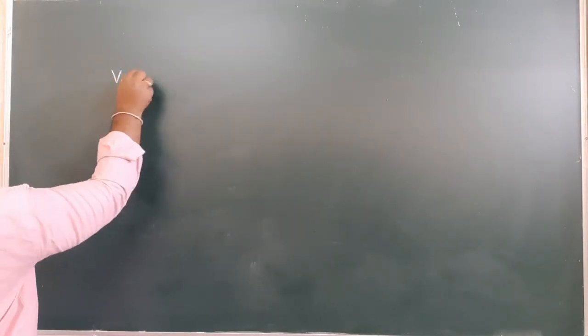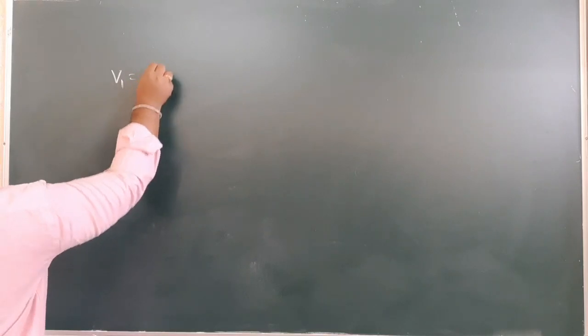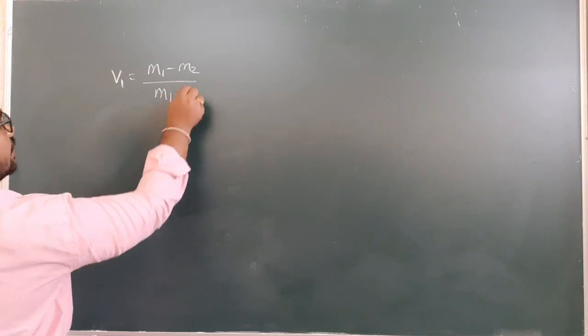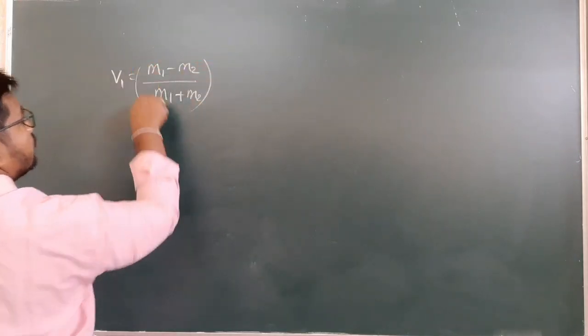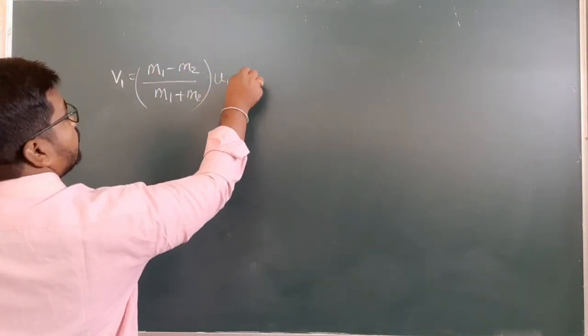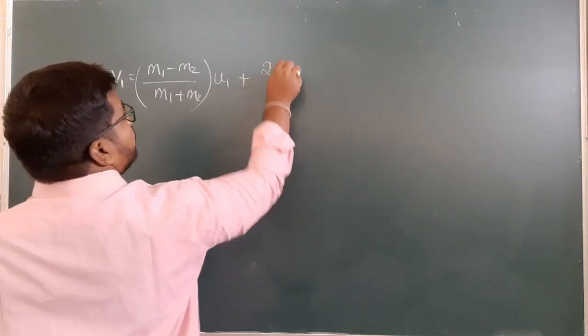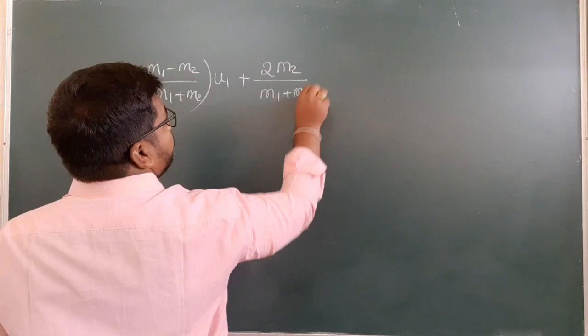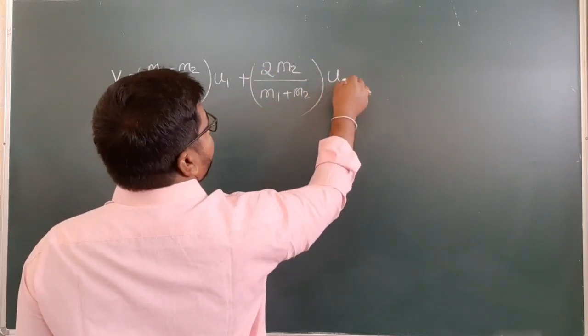Okay, v1 is equal to (m1 minus m2) by (m1 plus m2) into u1 plus 2m2 divided by (m1 plus m2) into u2.